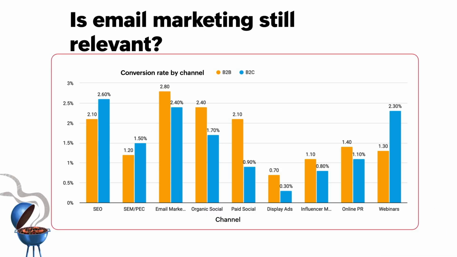And still, if you check across different mediums or different channels, if you look at this chart, you can see that email is always a better channel to convert your leads or contacts, or a better channel to achieve your deals.